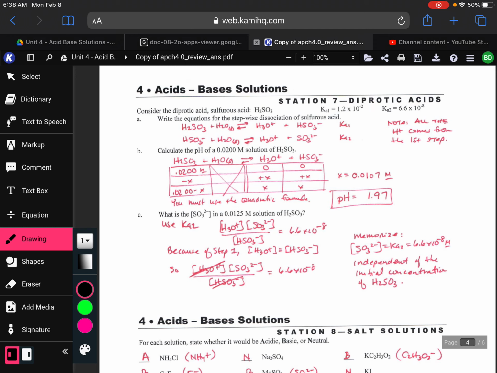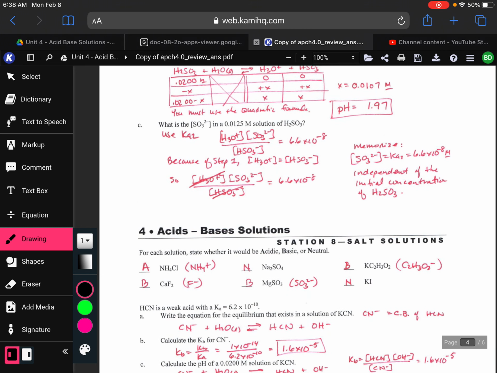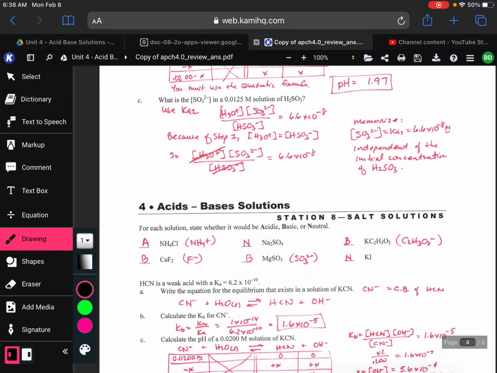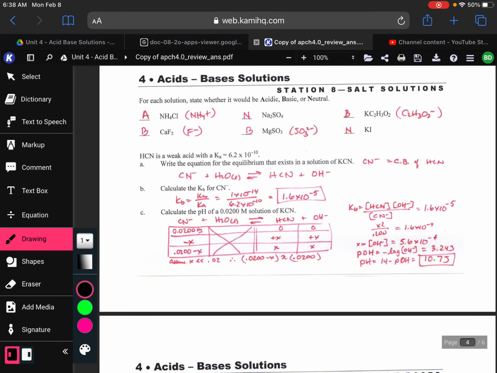So that's why you only have one ice table there, because they only worried about the first hydrogen. Now, for the second part, to get the SO3 2- concentration, you got to go ahead and do the second ice table, which is annoying, but that's what they did. And so they ended up doing both ice tables anyway. But hopefully that all makes sense. If not, remember, you can ask me and I will try to help you along.